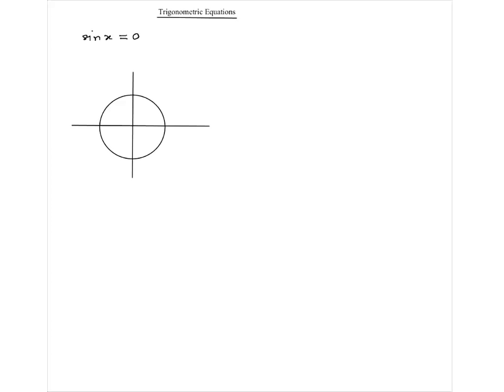x can be 0, x can be pi, x can be 2 pi, 3 pi, minus 3 pi, 100 pi, 1000 pi. They are all valid solutions.